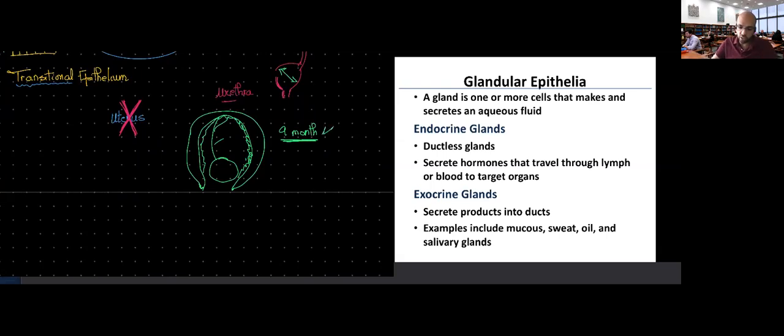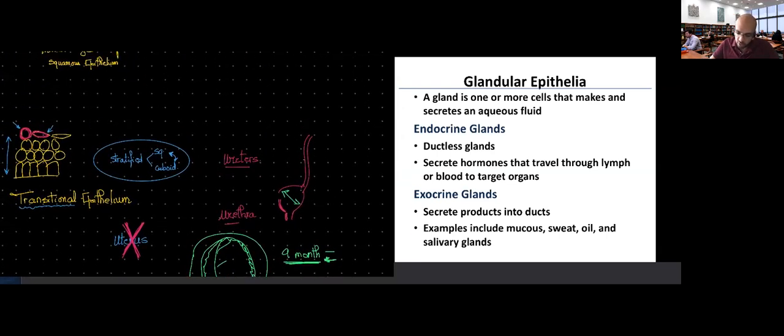I'm building up a whole lining, increasing the thickness of the endometrium of the uterus because I've got a lot of time here. But in the urinary bladder, in the ureter, in the urethra, you expand them multiple times a day. So you need a type of epithelium that allows you to expand and recoil, expand and recoil. All right.